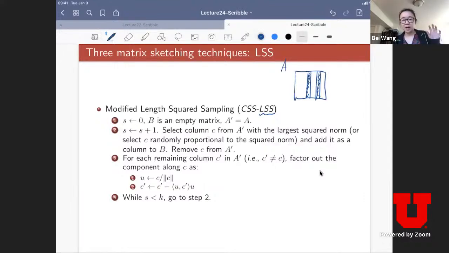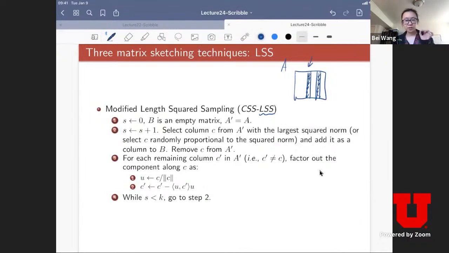I can select the one with the largest squared norm, or I can select one randomly, proportional to the squared norm. That means that if you have a large squared norm, there's a higher probability of it being selected. And once you select that, you of course remove it from the future candidates. I selected this column, I don't want to select it a second time, so I remove it from my matrix.